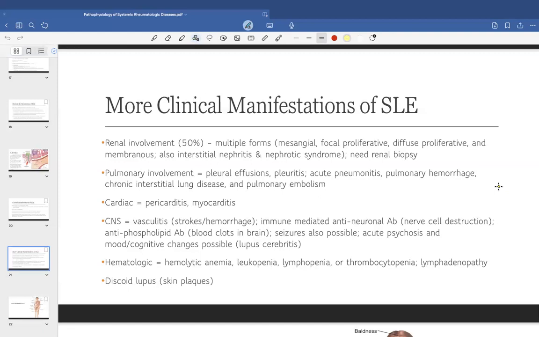Melanin is a dark pigment. Dark absorbs the light; white reflects the light. So the melanin is actually absorbing that UV light into the skin.